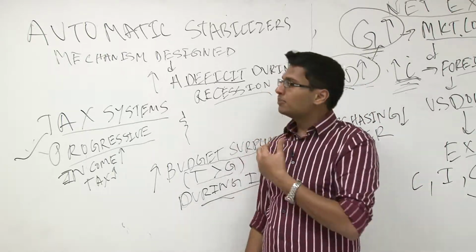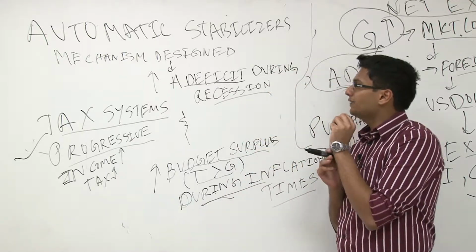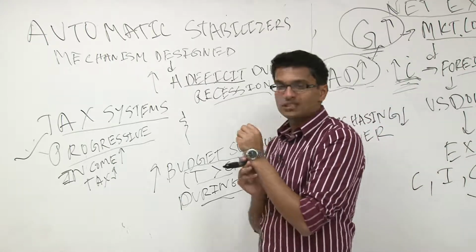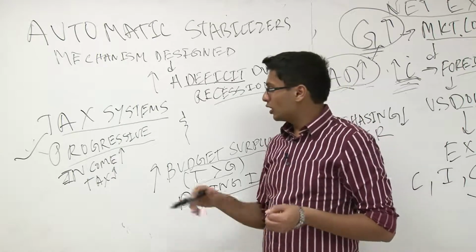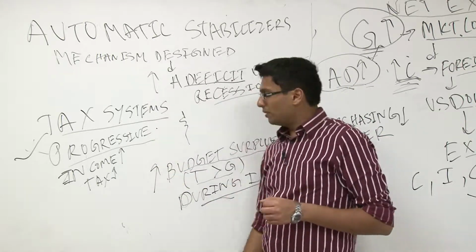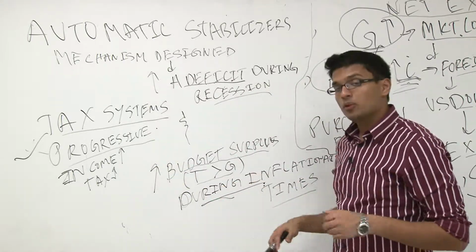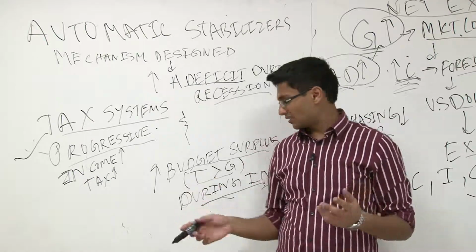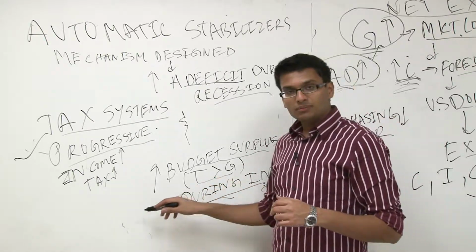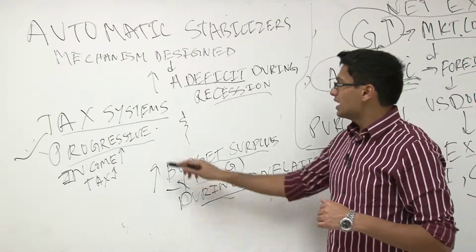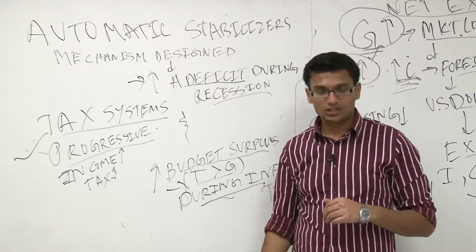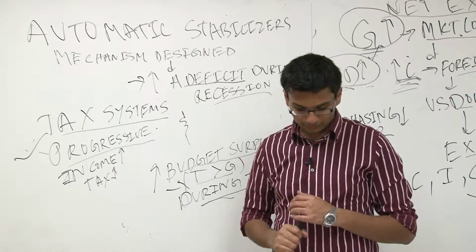Why? Because when there's a recession, people are not making as much money, so they're not being taxed as much. But in inflationary periods, when people are making a lot of money, you're being taxed a lot. So this system ensures that taxes are high during inflationary times and low during recessionary times, helping our cause.